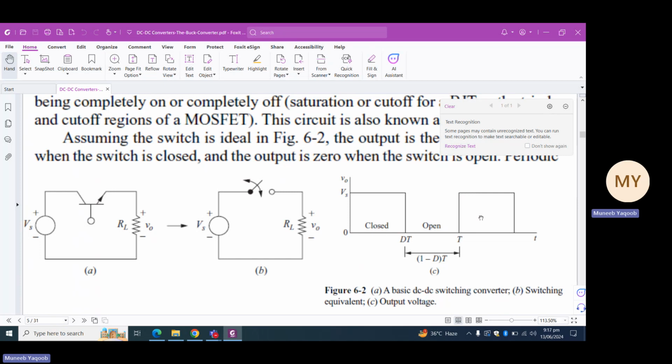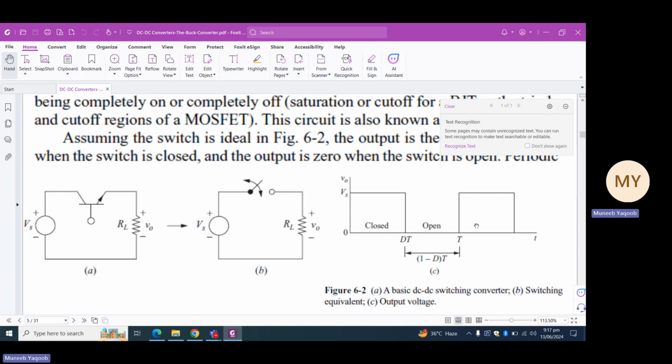If the switch is closed, then the voltage across this switch is zero, and hence the output voltage is equal to the input voltage Vs. In the C diagram, you can see that for a time dT, the switch is closed and we are getting the output voltage V out equals to Vs for that time.